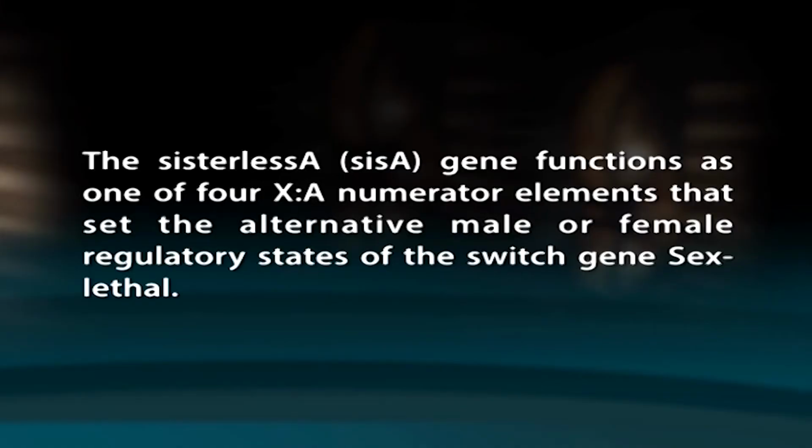The sisterless A gene, in short called sis-A, functions as one of 4 X:A numerator elements that set the alternative male or female regulatory states of the switch gene Sex lethal.